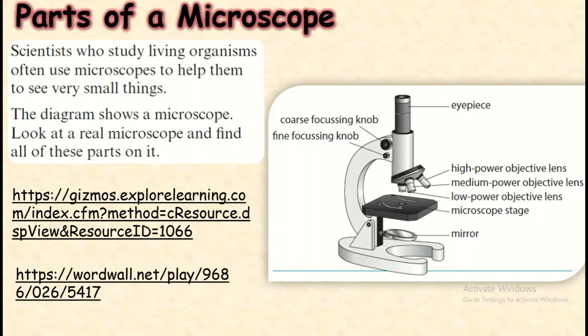To move the focus of the material which you will place on the slide. Okay, the first one, the longer one, is the high power objective lens. The medium one is the medium power objective lens, and the third one, the smaller one, is the lower power objective lens. Now it depends on the type of sample. If your sample is very small, you will use high power resolution.